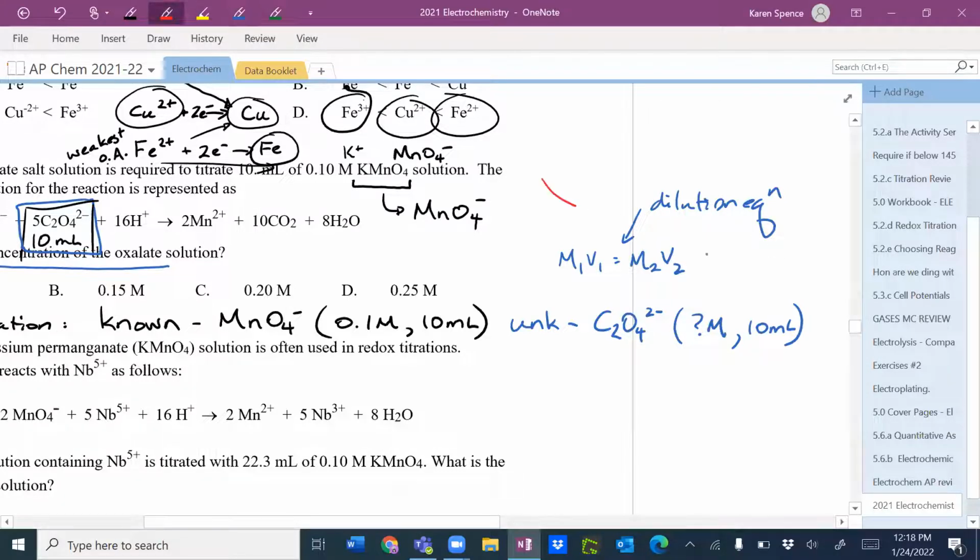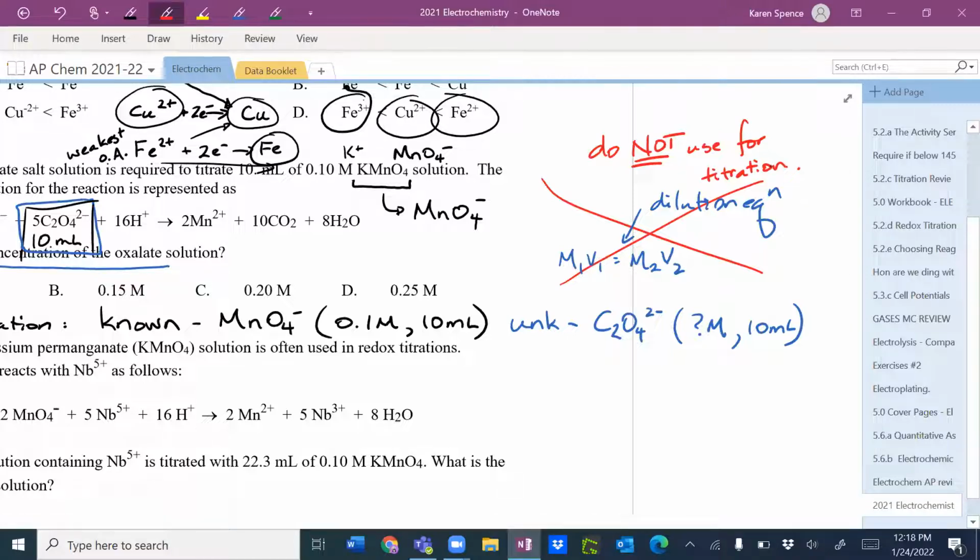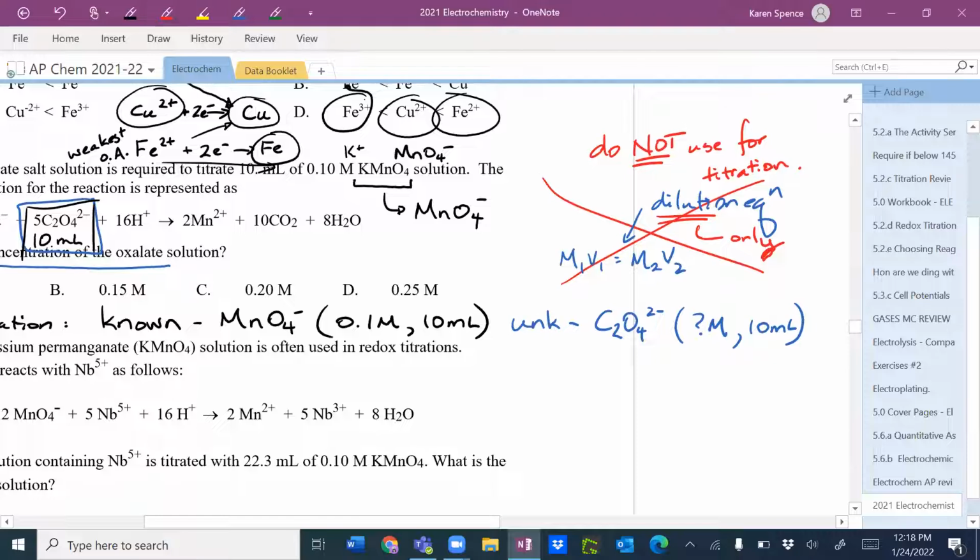Do not use this for a titration. I'm sorry I even mentioned it, but I got so many people using it this year. I feel like it's just going around somewhere or other. Someone got some resource or something, I don't know. Anyway, do not use it for a titration. That is for dilutions only. I don't even like it for dilutions personally, but some people really like it for dilutions.